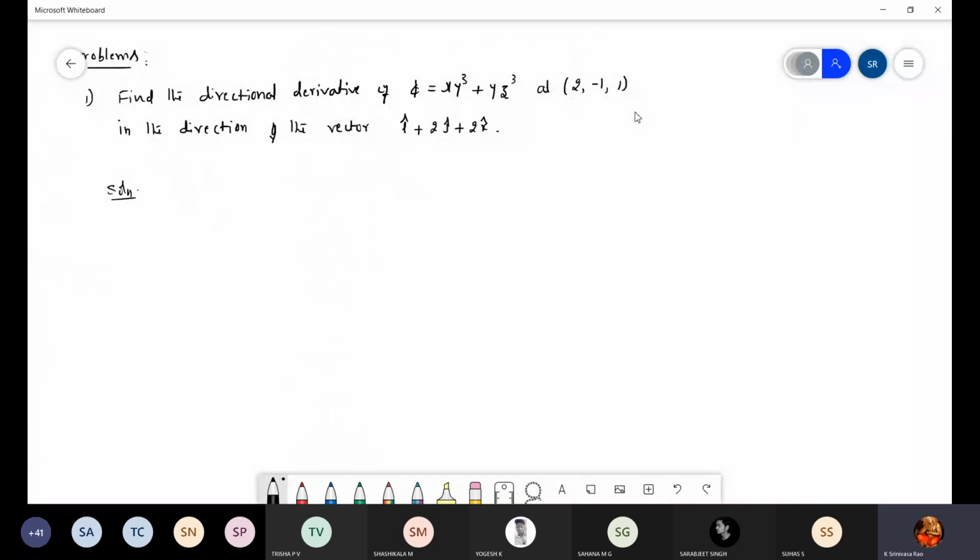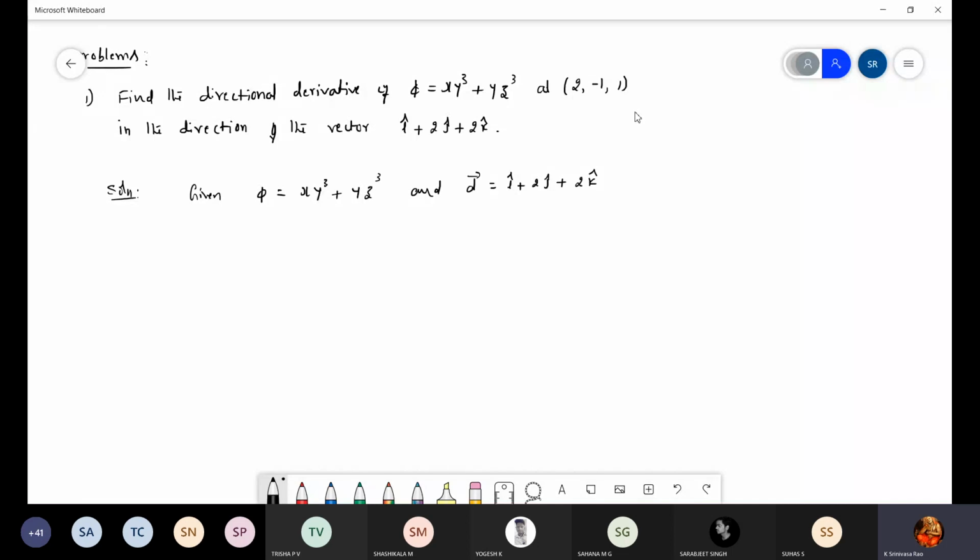Given phi equals xy cube plus yz cube and d equals, so this is the directional vector that you take as d, equals i cap plus 2j cap plus 2k cap.